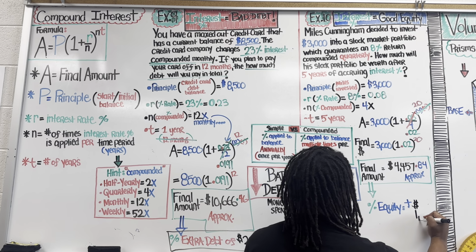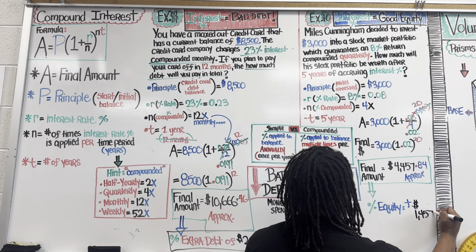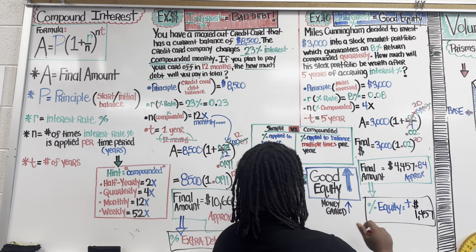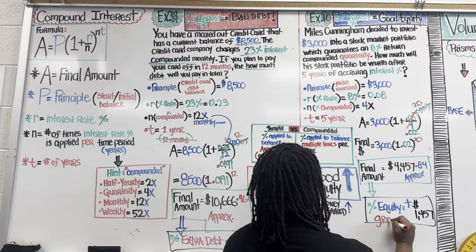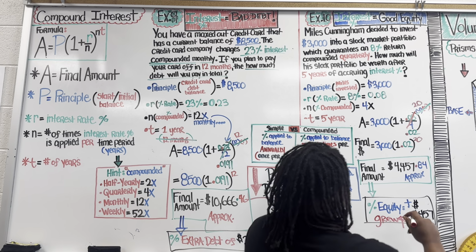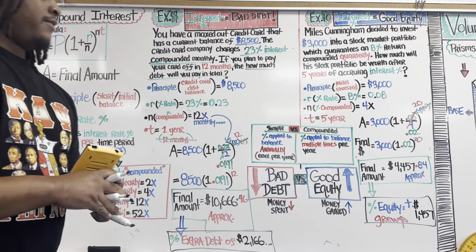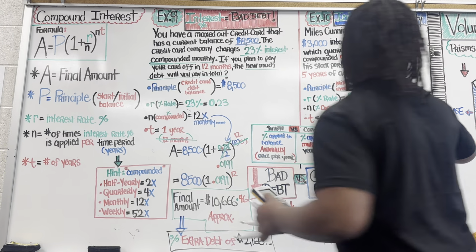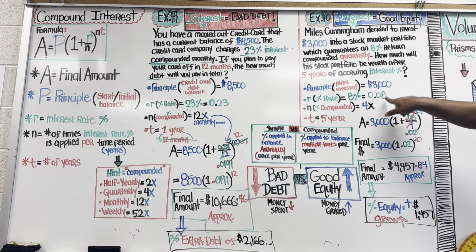So $1,457. That's how much his account grew. So his account grew $1,457 just from the interest that was added to the account as it was being compounded quarterly, which is 4 times in a year and over 5 years, right?